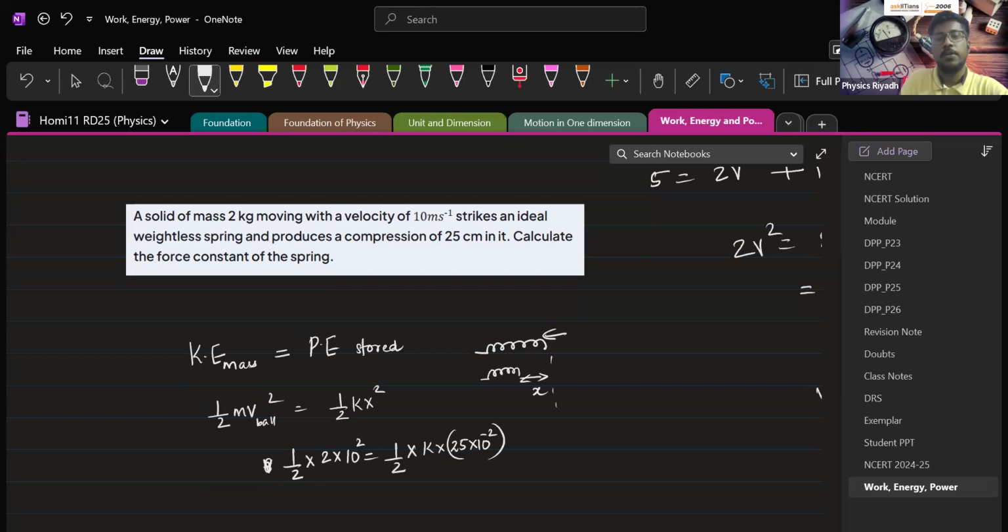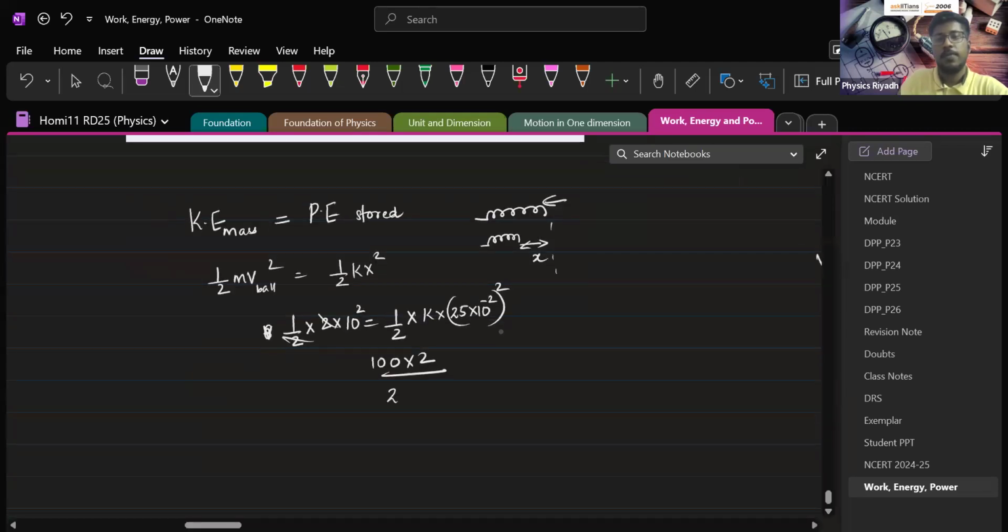So 100 into 2 divided by 25 square into 10 power minus 4. So 200 into 10 power 4 by 625 is the value of k. If you solve it, you will get k as 3200 Newton per meter.